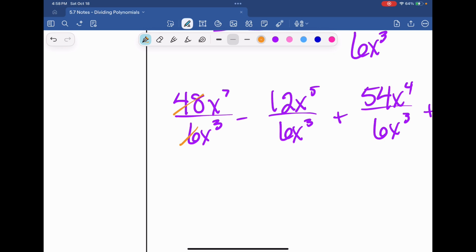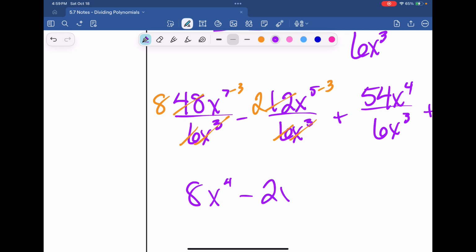6 goes into 48, 8 times. 3 is the smaller exponent, so we take it away from the 7. So 8x to the 4th. 6 goes into 12 twice. Cube is smaller than 5.